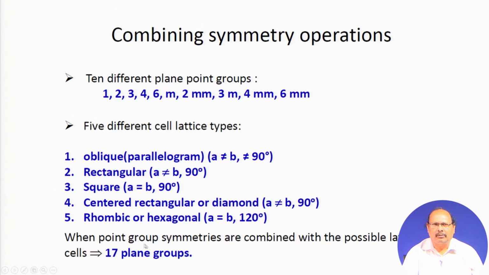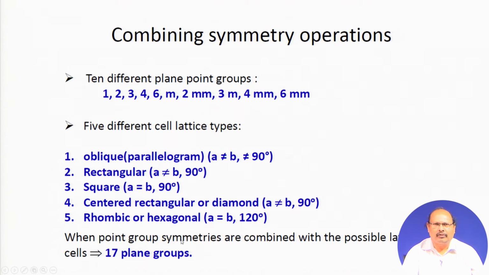The fourth type is called centered rectangular or diamond type of lattice, where A is not equal to B and the angle between A and B is equal to 90 degree. And the fifth type of plane lattice is called rhombic or hexagonal type, where A is equal to B and the angle between A and B is equal to 120 degree.